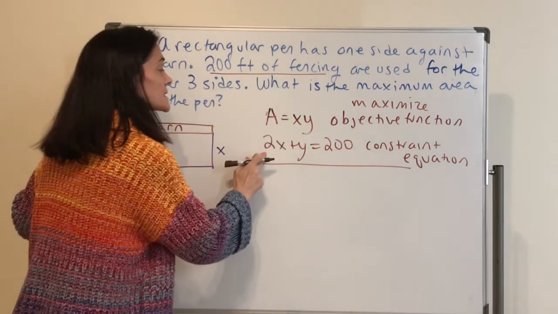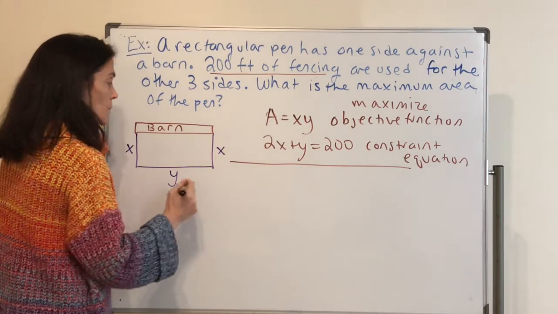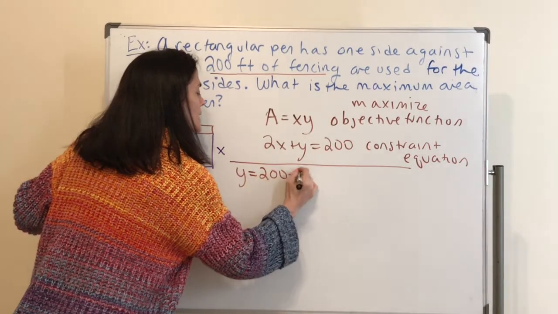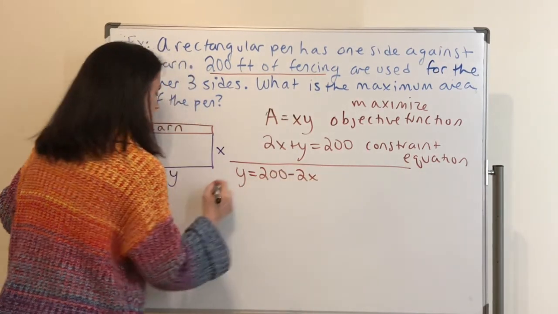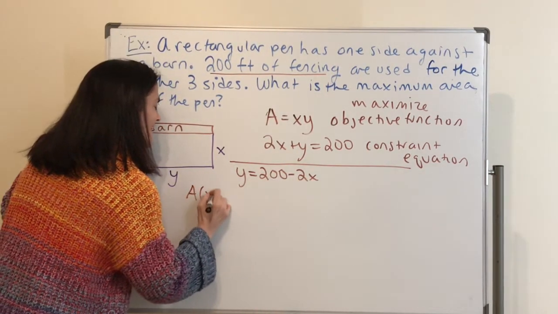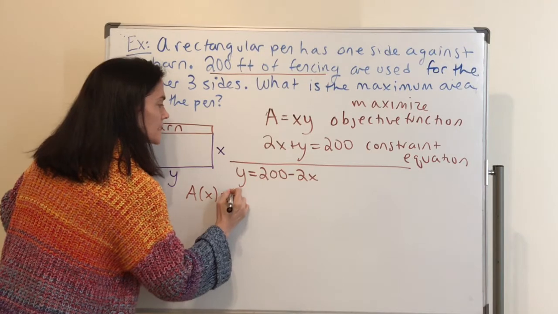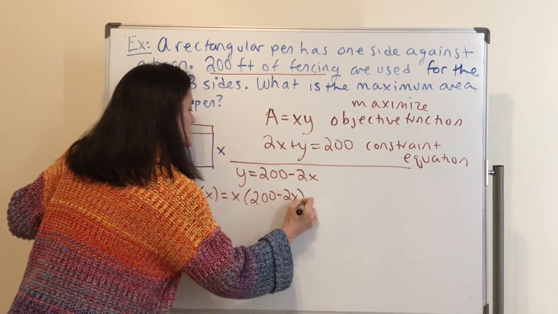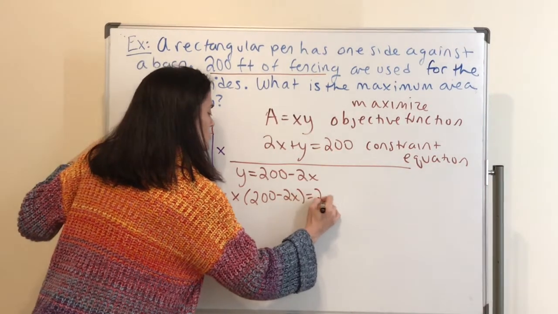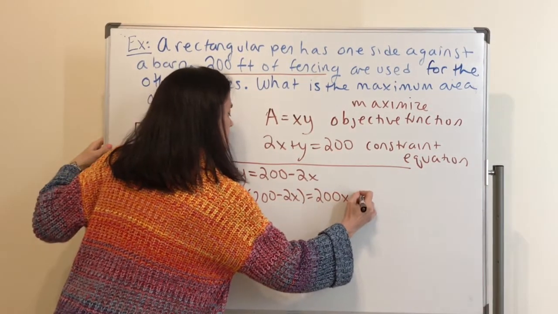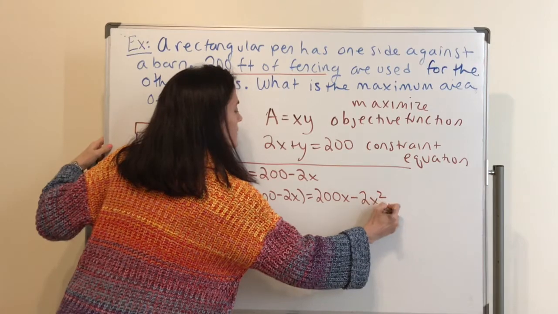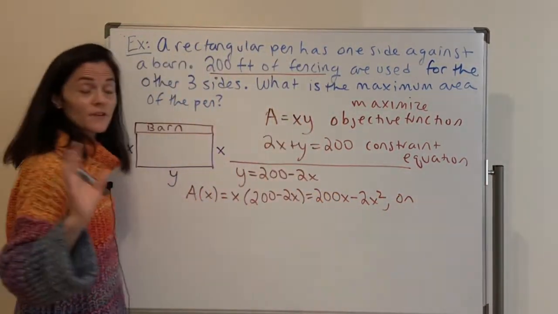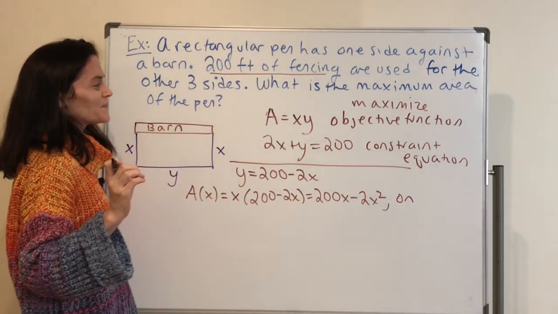Now, use the constraint equation. We will write y is 200 minus 2x. And then we can write area as a function of x. It's x times (200 minus 2x), which is 200x minus 2x squared. And now we need to figure out the domain.